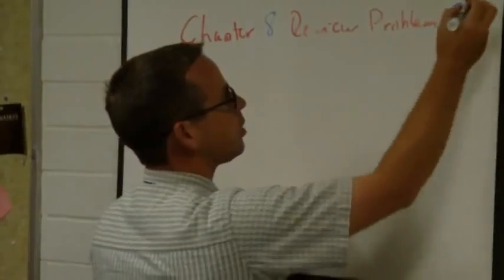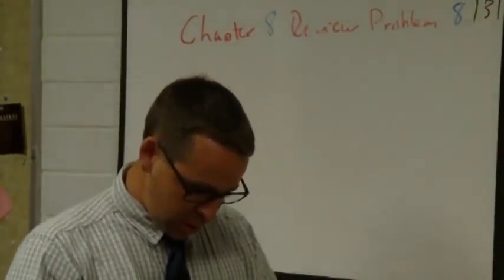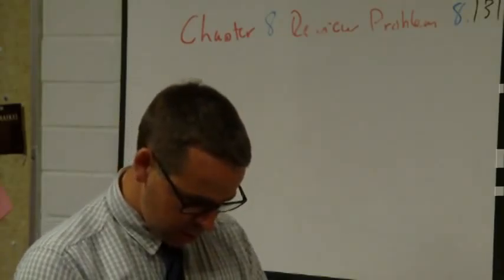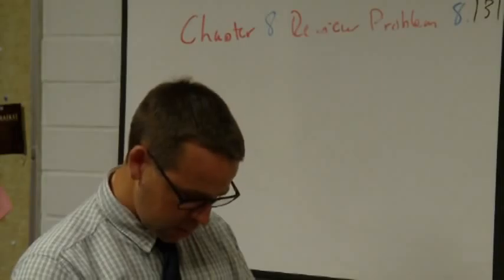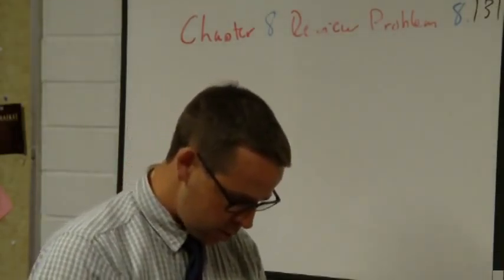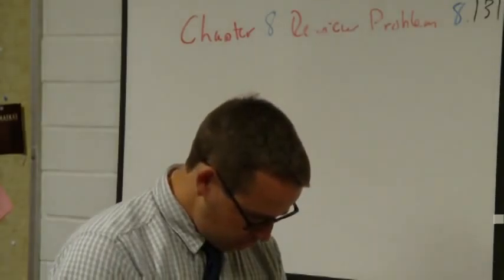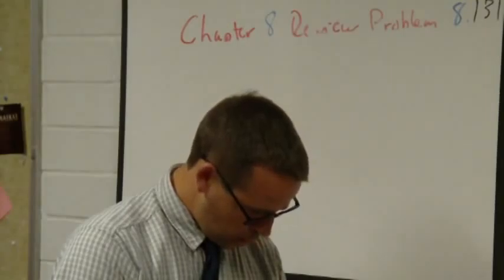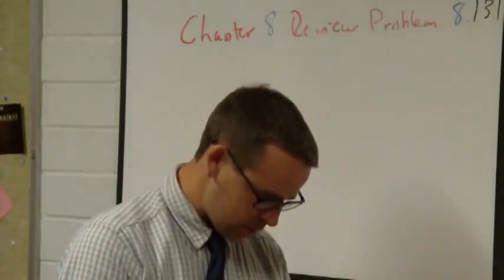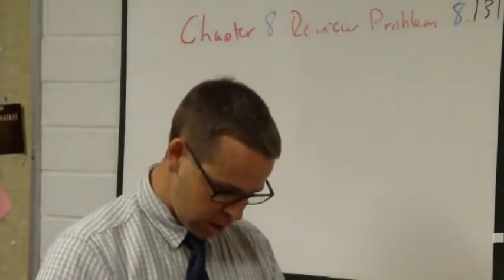Okay, now we're on to 8.131. Choose the atom with the larger ionization energy in each pair. Well, ionization energy trends, you can remind yourself of those on page 346, but generally it's left to right and bottom to top, increasing ionization energy.